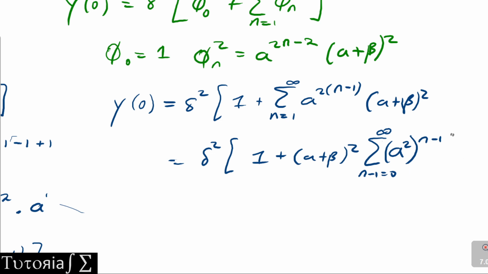Then we know that this is a geometric series, so we can let n minus 1 equal m. Here we're going to have m, here we're going to have m, and here we're going to have m, which will just be a geometric series.